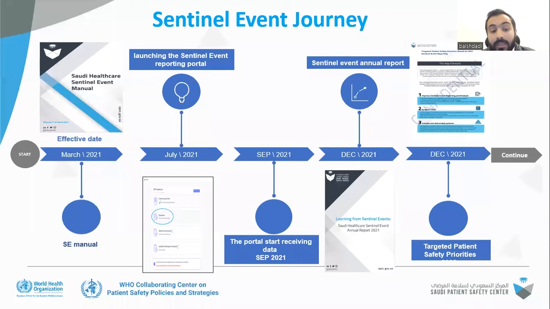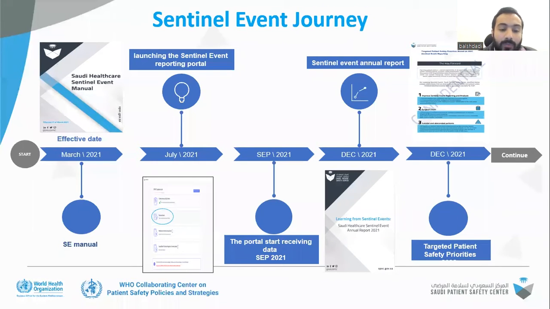And by reviewing the Sentinel events that we received, the Saudi Patient Safety Center identified multiple safety issues that we believed should be highlighted, and patient safety initiatives should be directed towards these targeted patient safety priorities.